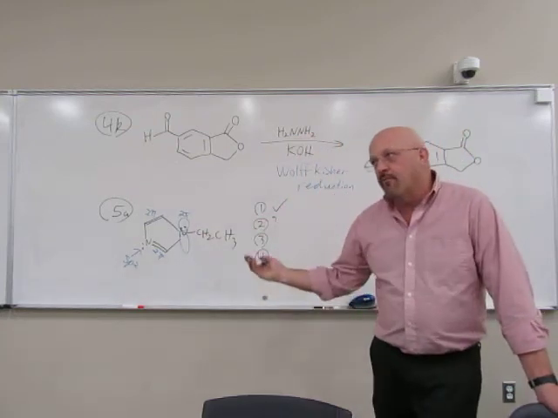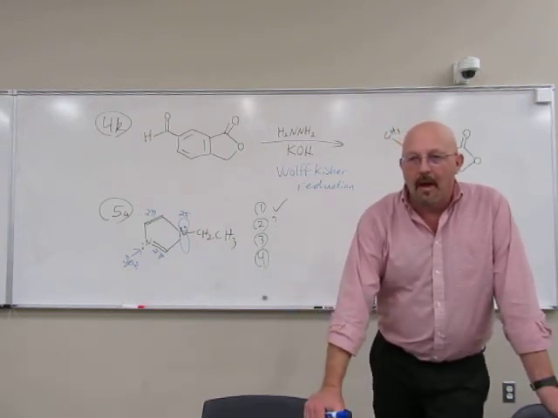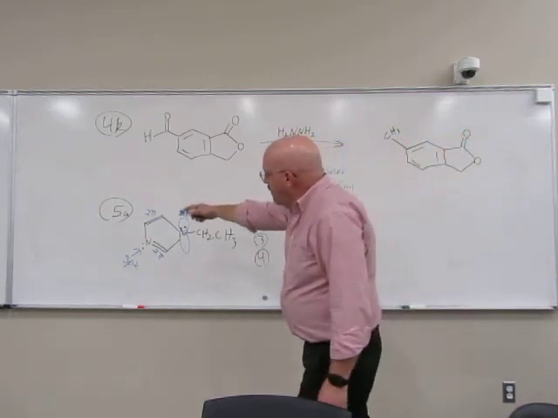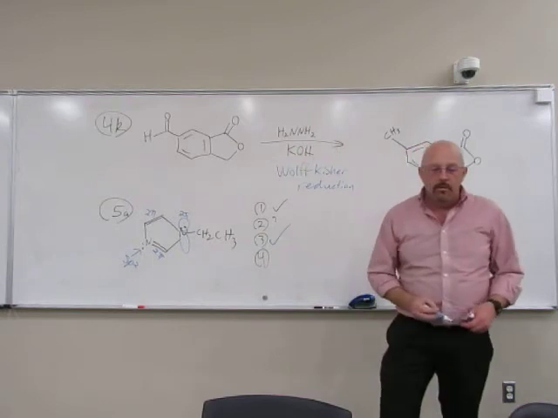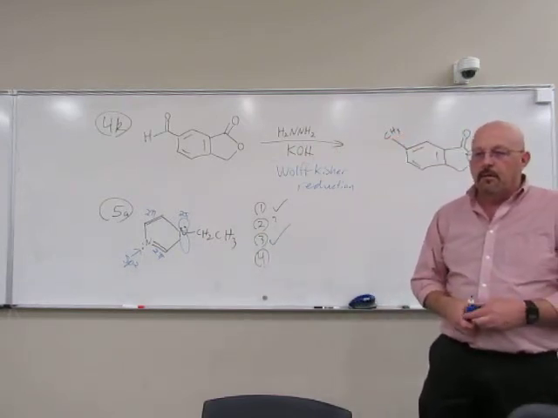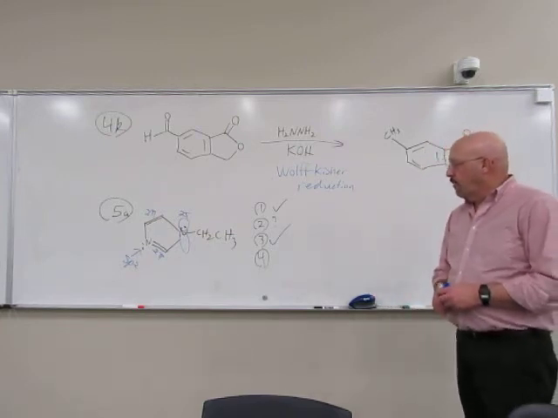Now this one only has 1 lone pair, but if we had an oxygen, oxygen would have 2 lone pairs, but you only count 1 of them. Okay, so I've got 6 pi electrons that are counting there. 6 pi electrons does fit the Huckel rule. You need 2, 6, 10, 14, 18, and so on. So rule 3 is met.